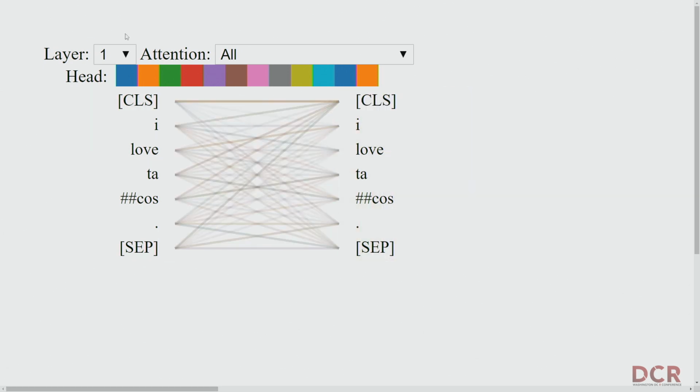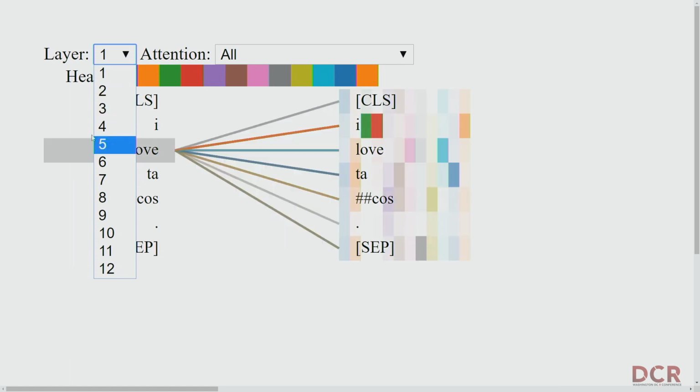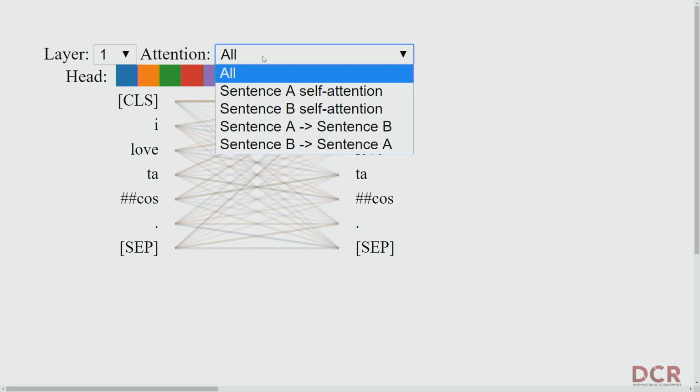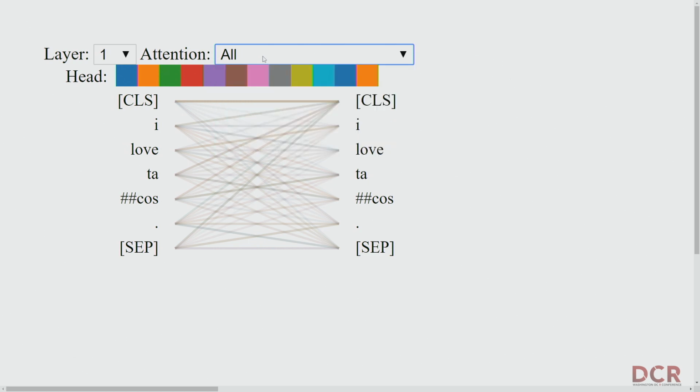What we're looking at here is, again, this particular pre-trained BERT model has 12 layers, so we can go through and look at different layers. This drop-down isn't important for most tasks; if you feed it two sentences at a time, it can compare across the sentences, but we're just going to look at one sentence versus itself. Within each layer, the transformer has these heads. We're going to focus on one head right now.